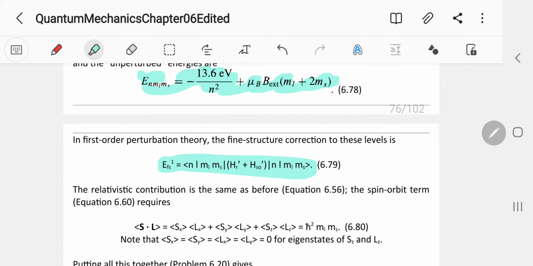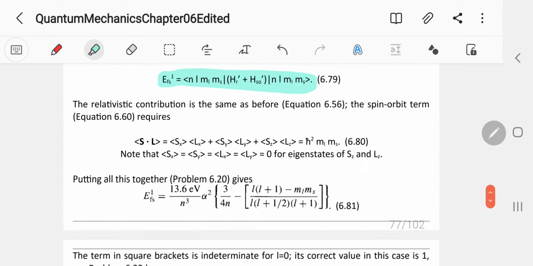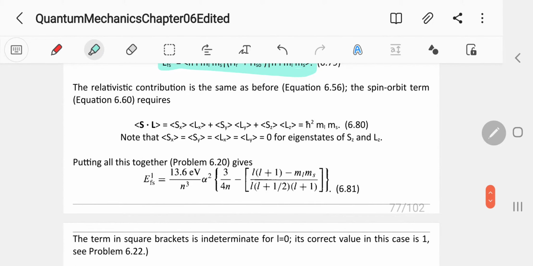The relativistic contribution is the same as previously, and the spin term, going back to equation 6.60, requires that Sx, Sy, Lx, Ly be 0 for eigenstates of Lz and Sz, because they're the ones conserved in this case.